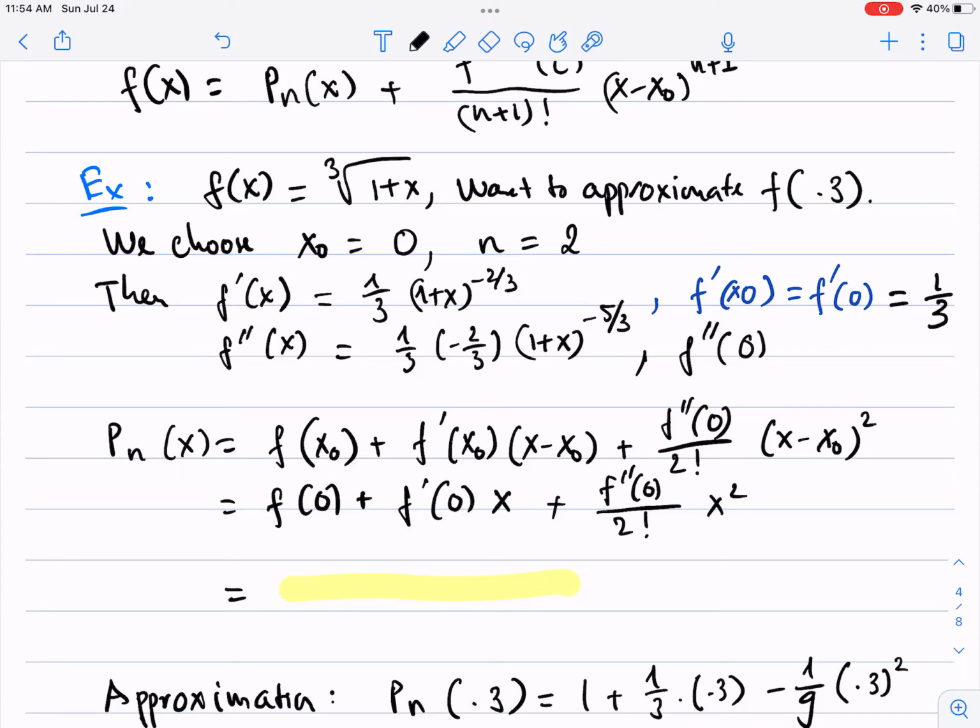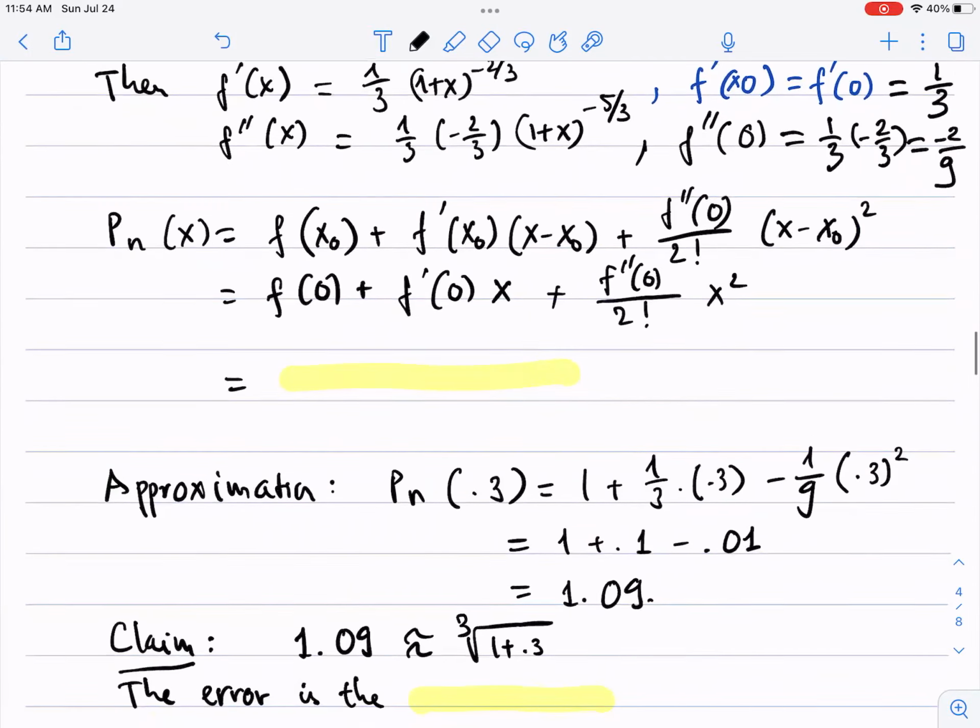Now, the second derivative is equal to 1/3 times minus 2/3 times (1 plus x) to the minus 5/3. When we evaluate this expression at 0, it is equal to 1/3 times minus 2/3, which equals minus 2/9.